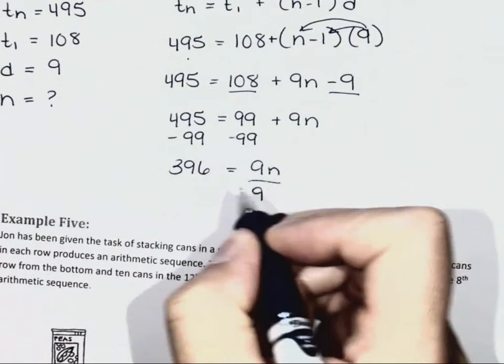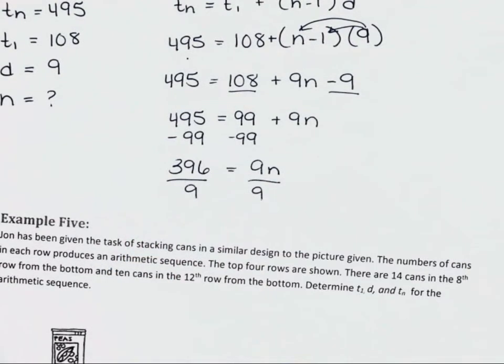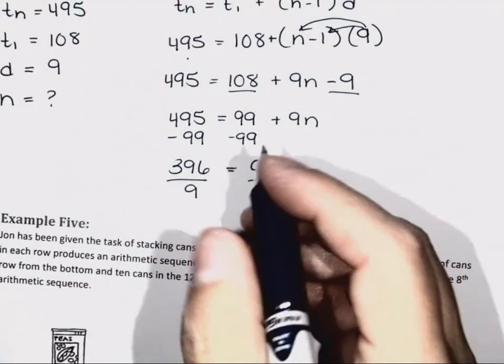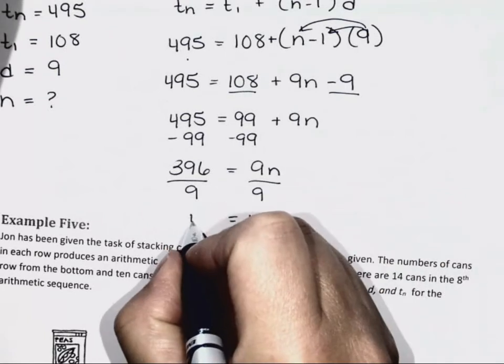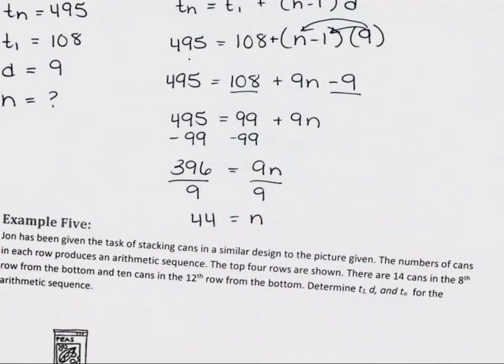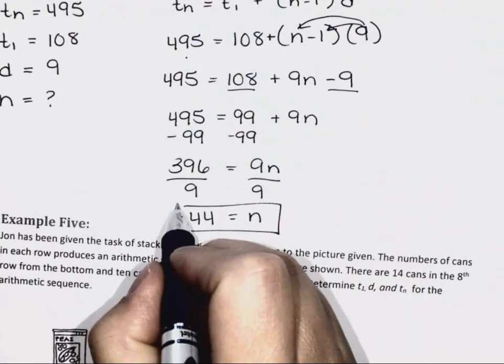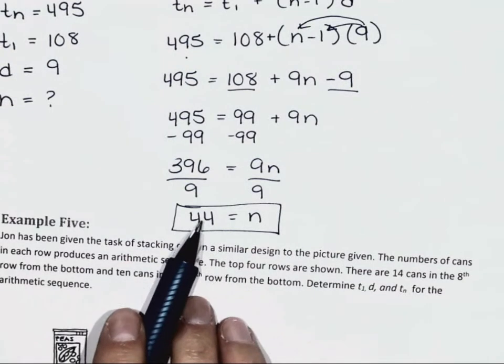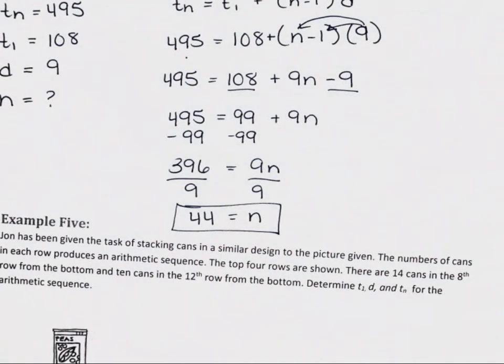Divide both sides by 9, and n is going to be 44. So that means there are 44 multiples of 9. Pretty straightforward, and it's just manipulating the formula. It's a really heavy algebra-based unit. Nice thing is we're not graphing in this unit, so enjoy it.